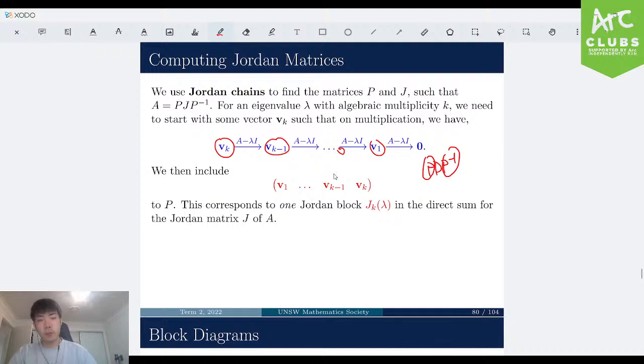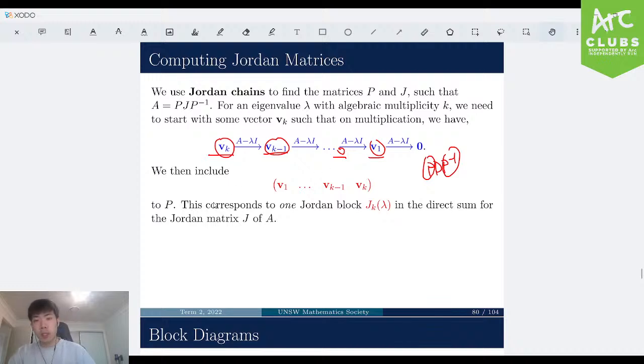In our Jordan form, these P's are formed by the generalized eigenvectors. Okay, so there's quite a nice similarity there. And one more thing to know is that it's in the reverse order. When we're doing the chain, we're computing it starting from vk down to v1. In our P matrix, it will enter the matrix going from v1 up to vk instead.